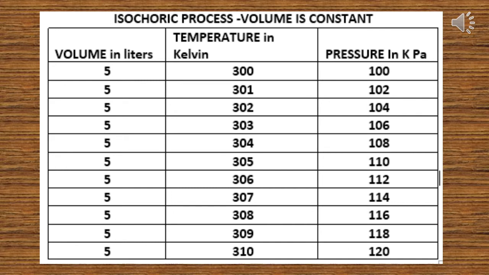The initial temperature of the cooker is 300 Kelvin, that is at room temperature. At that time, the corresponding pressure inside the cooker is 100 kilopascal. When the temperature increases, the pressure also correspondingly increases. By using this data, we are able to draw the three diagrams.